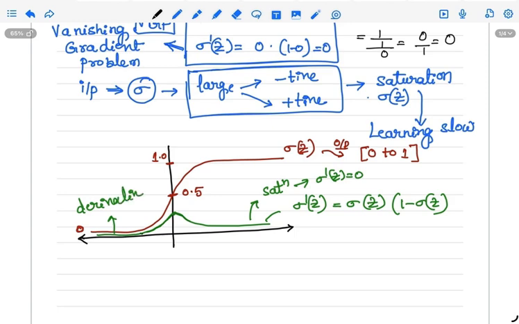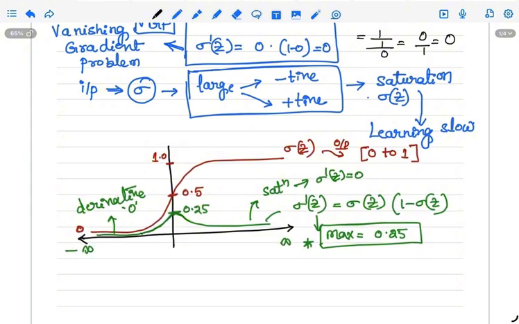The maximum value of this derivative, sigma dash of z, is 0.25. This value is also important, you can remember. 0.25 is the maximum value. This is for minus infinity, this is for plus infinity. In these regions the derivative becomes 0. This point is the origin, z equals 0.